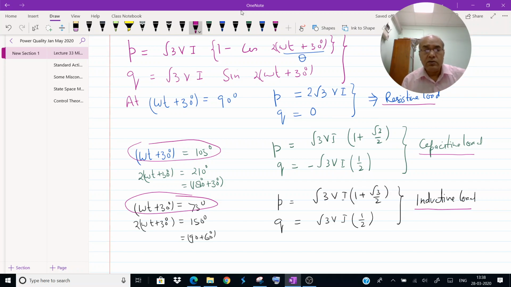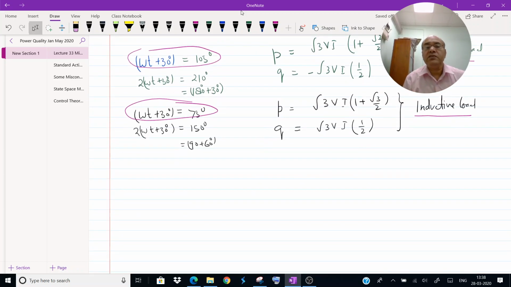Therefore, we conclude that the resolution of current components in terms of active and reactive components using the instantaneous reactive power theory is misleading, and we have to be very careful when we study these active and reactive components using this theory.